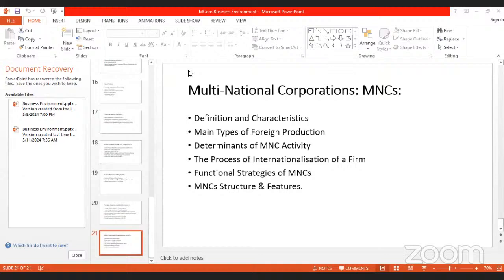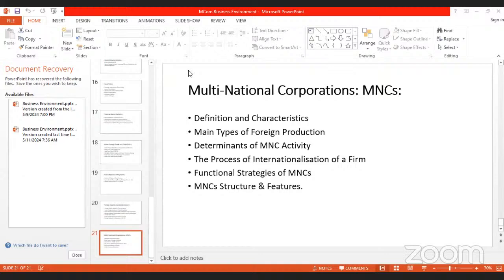Now we will talk about the features of MNCs. Well, the first feature is decentralized operations. While strategic decisions are centralized, operational decisions are often decentralized to adapt to local conditions. Next is integrated supply chain.